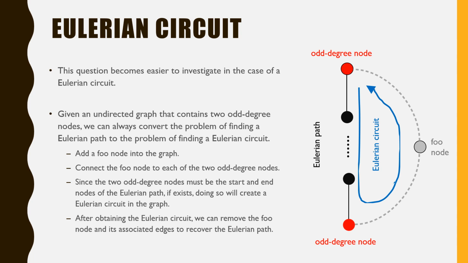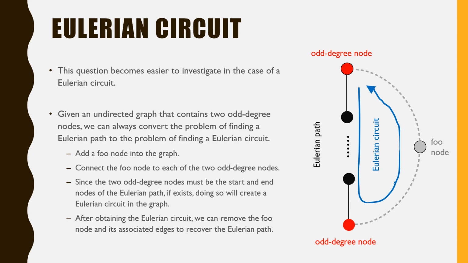After this modification, the 2 red nodes, which were odd degree, now become even degree since we added one edge each. The new node connects to 2 nodes and also has an even degree. Now, all nodes in the modified graph have even degrees, and the number of odd degree nodes is 0.